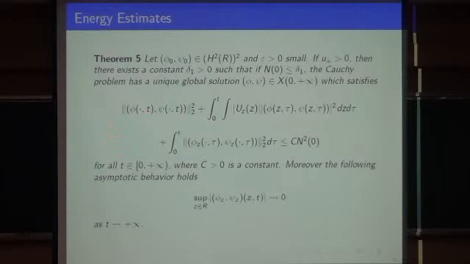You can see this H2 norm, and this is this weighted L2 norm, and this is like up to H3. And at the end, if we establish this, you see this is controlled by initial data.